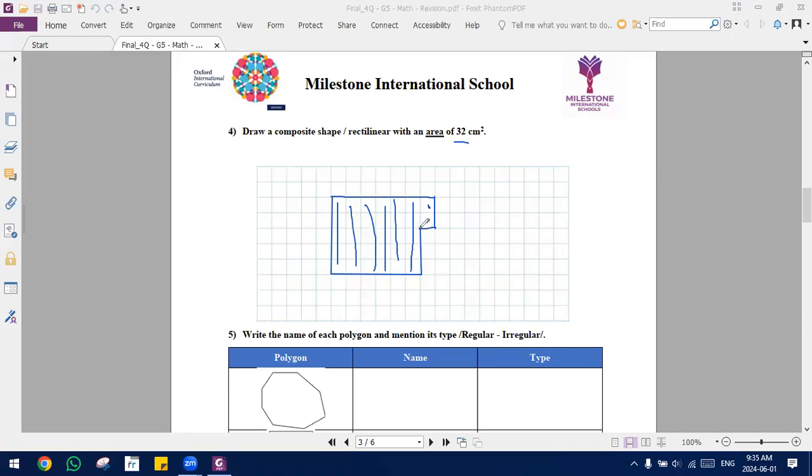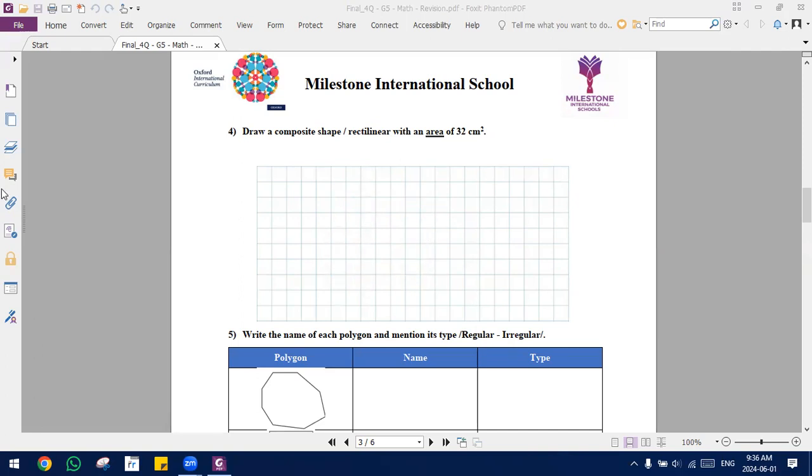There. So now we got the 32, which is rectilinear. Like this, for example. So for you, the answers will be different. But the most important thing, after I finish drawing, I count how many squares I have inside. It should be 32 squares.